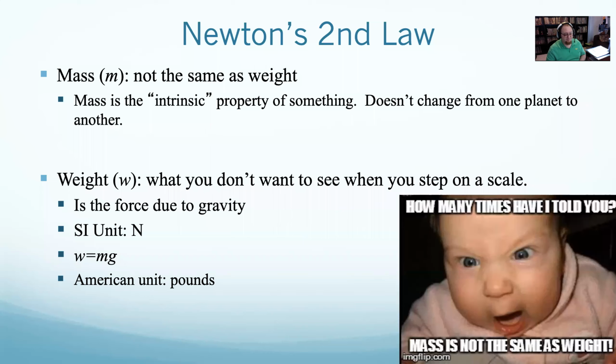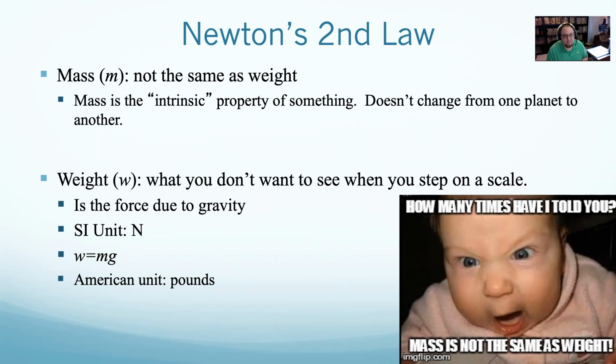My mass in kilograms, sitting here, has a set value. I could go find out what it is if I really cared. If I go to the moon, my mass in kilograms will not change. If I'm floating free in the middle of space, my mass in kilograms will not change.